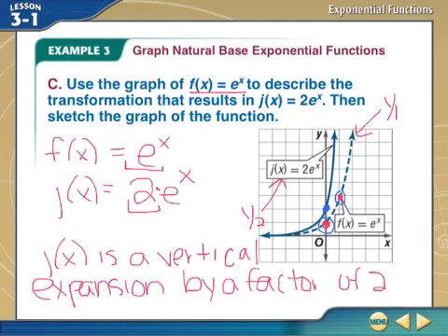So at x equals 1, we would have a y-coordinate of 6. Okay, so if you look at that in your table, you can see that for each y value in f of x, your y values for j of x are twice as big.